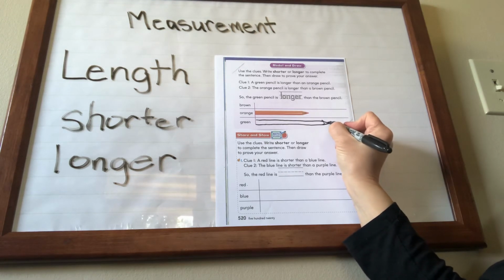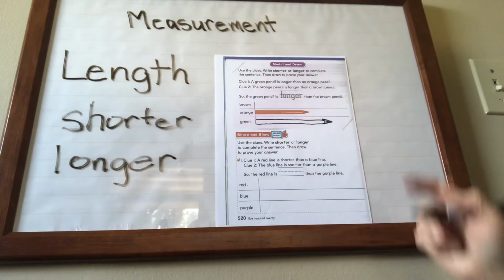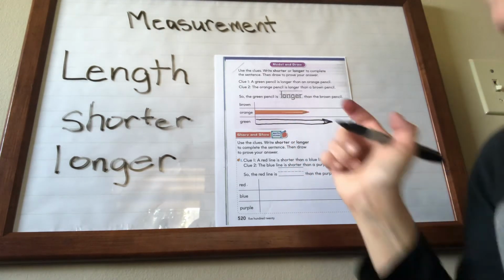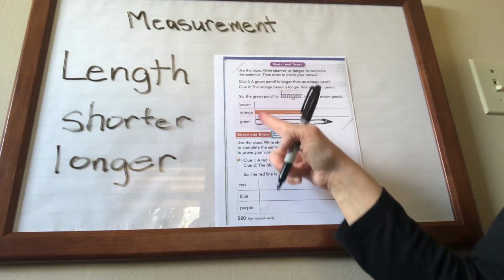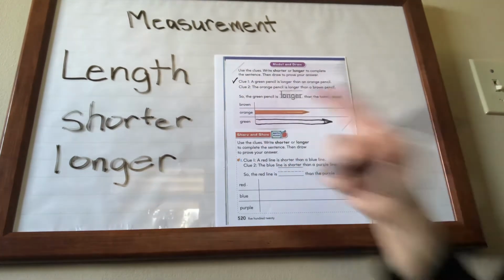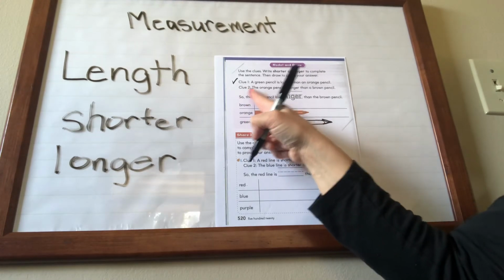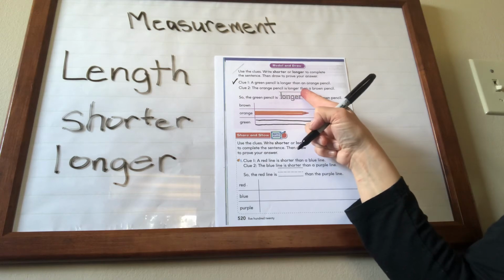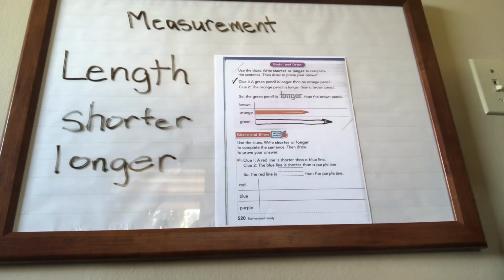Okay, there's my roughly drawn pencil. And then I can go back and color that green later. So clue number 1, a green pencil is longer than an orange pencil. Check.